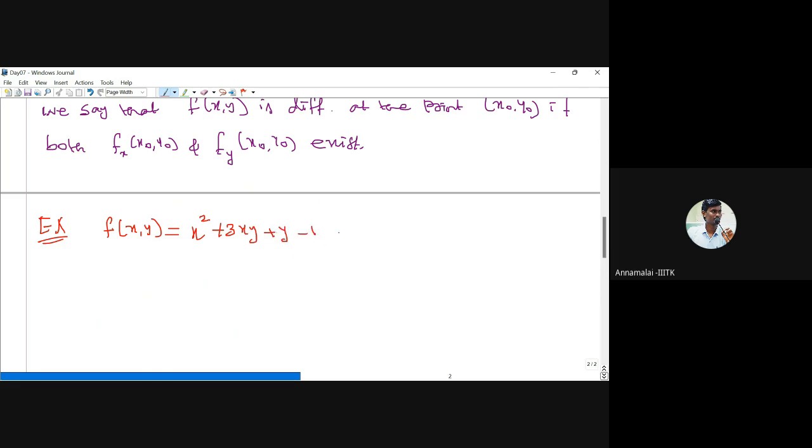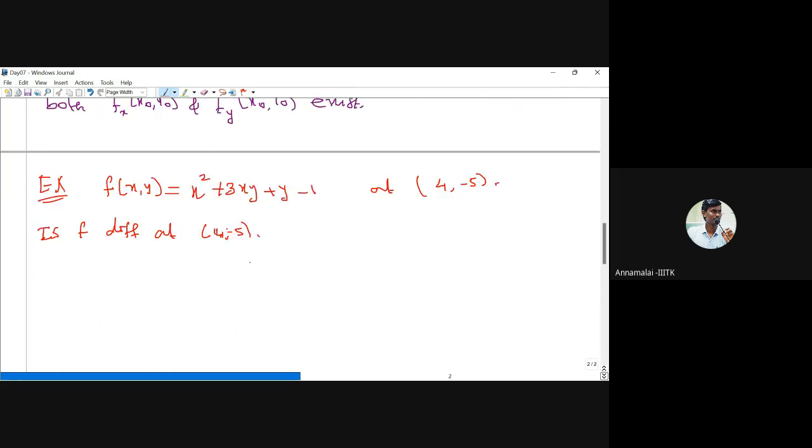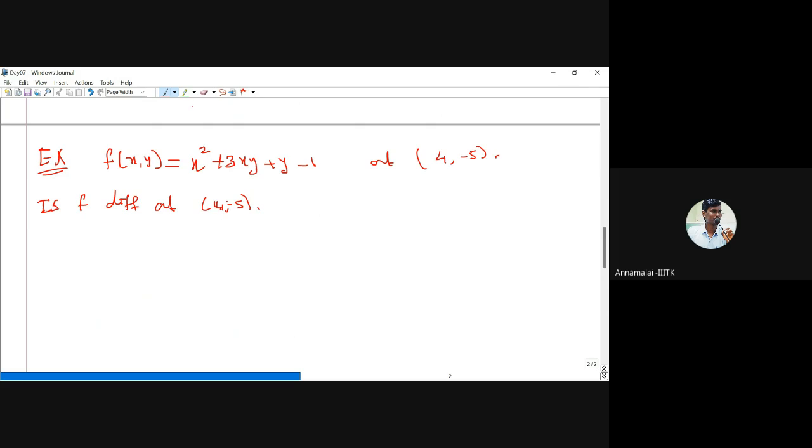At the point 4 comma minus 5, check whether the function is differentiable or not. Is f differentiable at the point 4 comma minus 5 or not? So you have to find fx and fy.